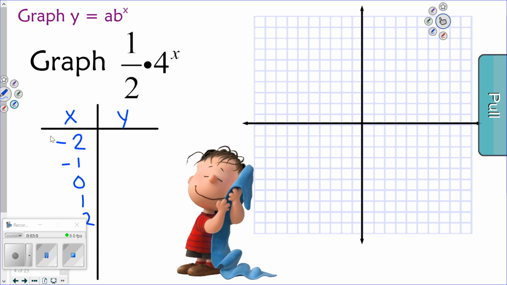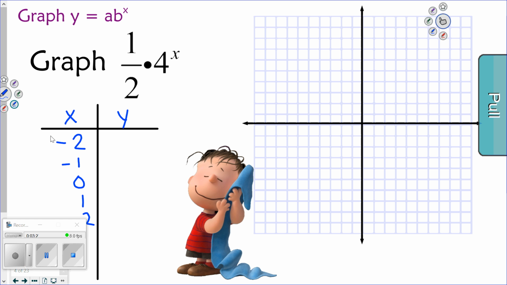All right, so if I plug in -2, grab your calculator, type in half times 4 to the -2 power. Fractions is the green button, and then y equals, which is 2 buttons above it, and hit equals.